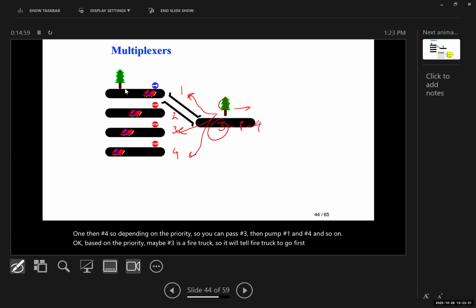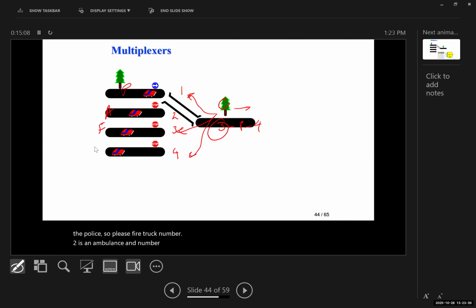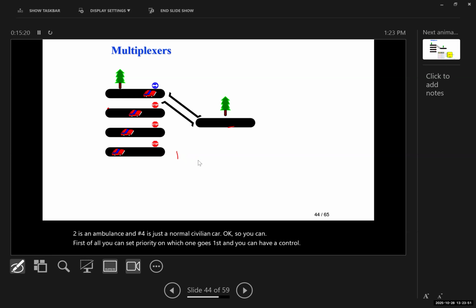Number 1 is the police, so police, fire truck. Number 2 is an ambulance, and number 4 is just a normal civilian car, okay? So first of all, you can set priority on which one goes first, and you can have control over the inputs as well.